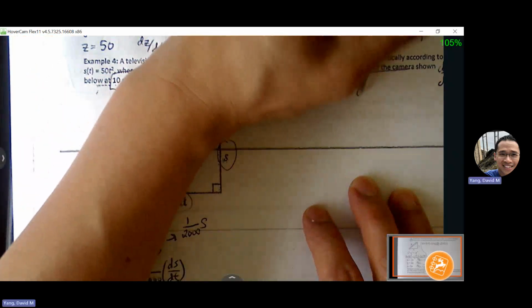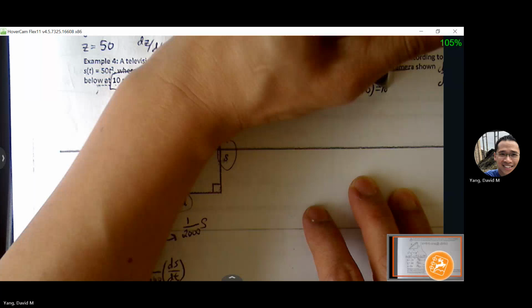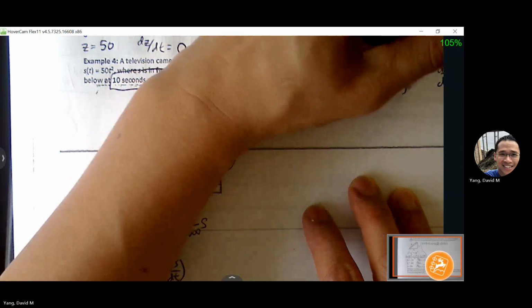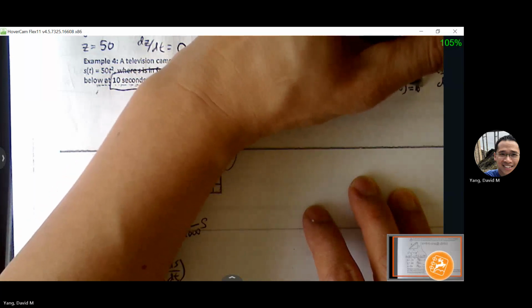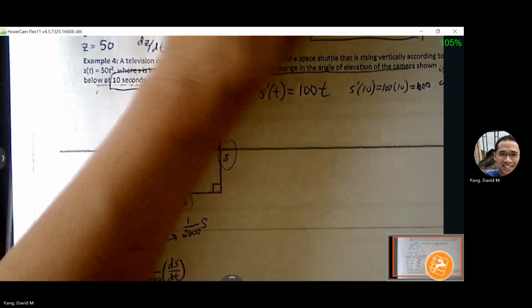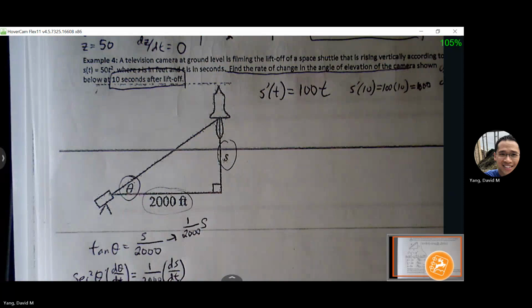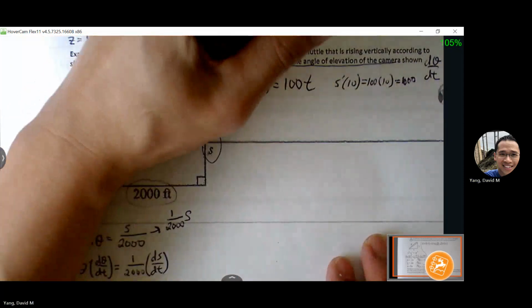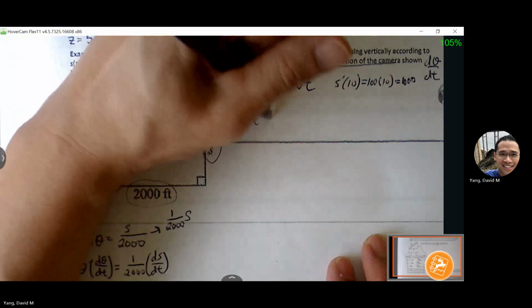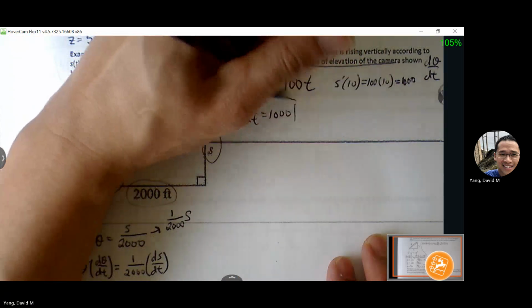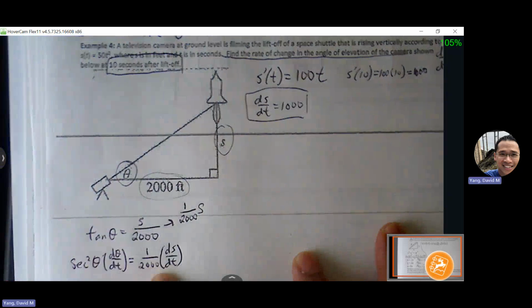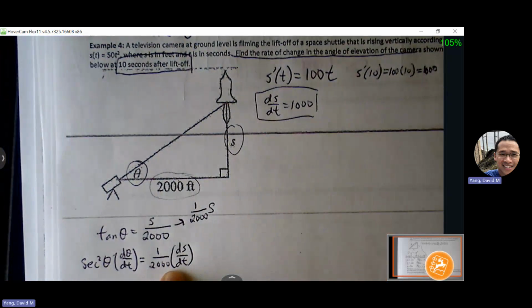Plug in 10, yeah. Okay, so ds dt is 1,000. We know that's going to go in for that piece here.